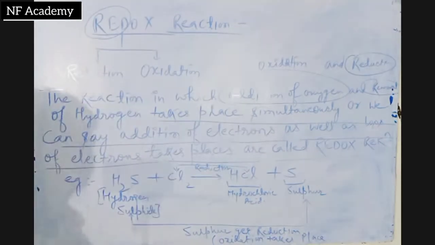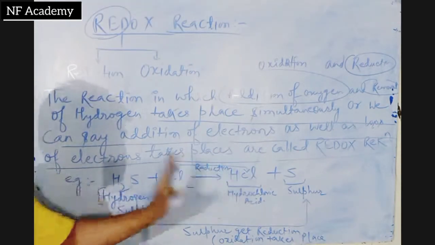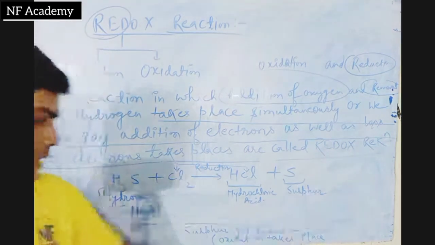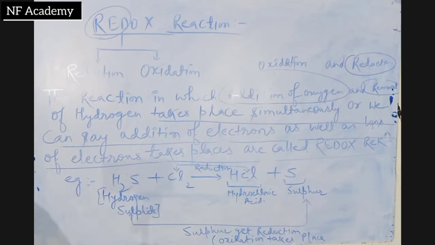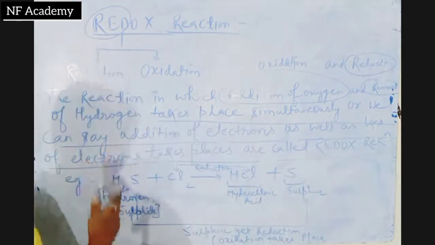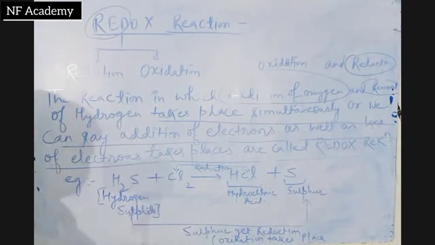So reduction takes place where the hydrogen is added, and here the sulfur gets oxidized, where the removal of hydrogen takes place. So in the same reaction, oxidation and reduction take place simultaneously, and therefore we call it a redox reaction.